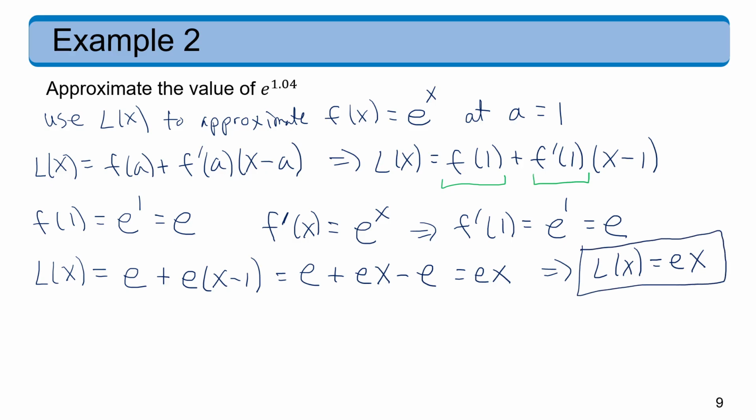Okay, now let's use it to approximate what we're looking for. So e to the 1.04. We want to view this as f of some number. And we chose f to make this easy, right? E to the 1.04 just means x needs to be 1.04. In other words, it's the same as f evaluated at 1.04.